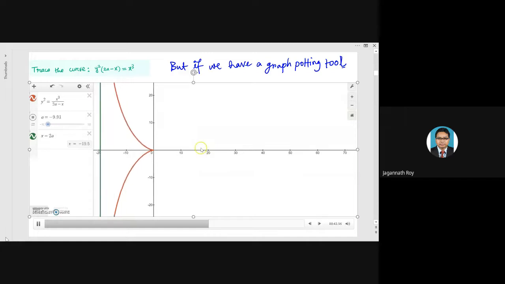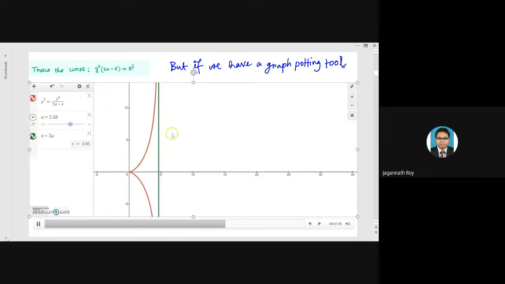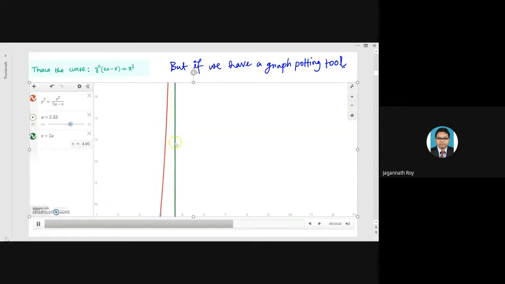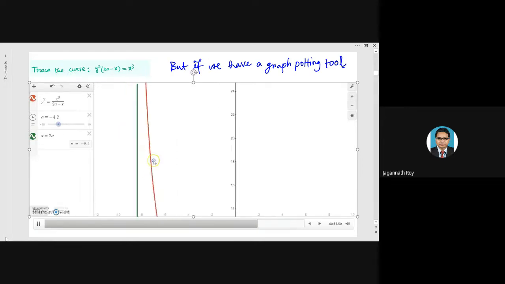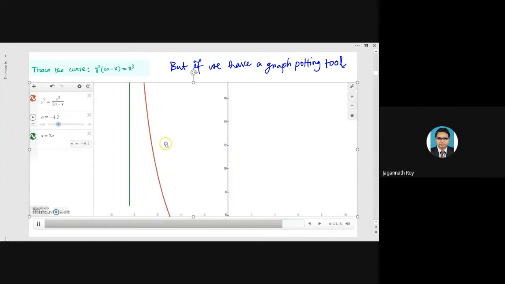But if we don't have such facilities, and we have only pen and paper, then we have seen that so far we don't have any organized approach to find out the starting point and the ending point and some more valuable information about the graph.